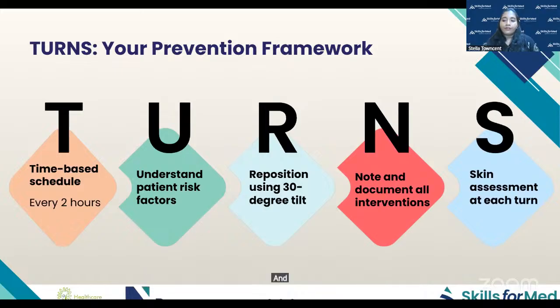And S is that every time you turn, you need to do a quick skin assessment. You don't need to go to Braden to do it, but do a visual skin assessment to make sure that the skin is all right, there is no erythema and things like that. So that is how this acronym TURNS will help you remember: time-based every 2 hours, based on the patient's risk factors, reposition at 30 degrees, note and document, and do a quick visual skin assessment every turn. Next slide.